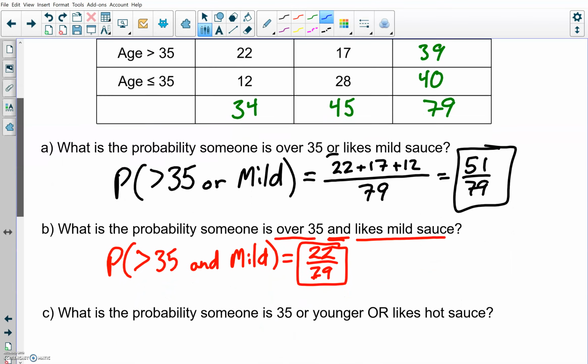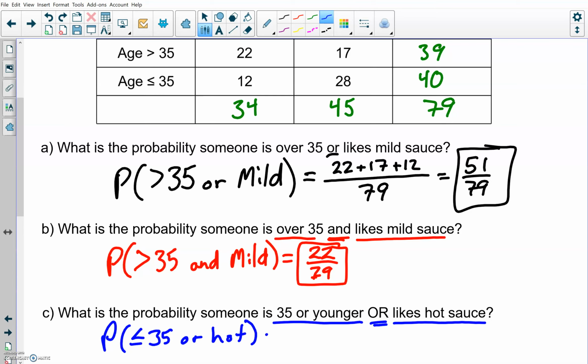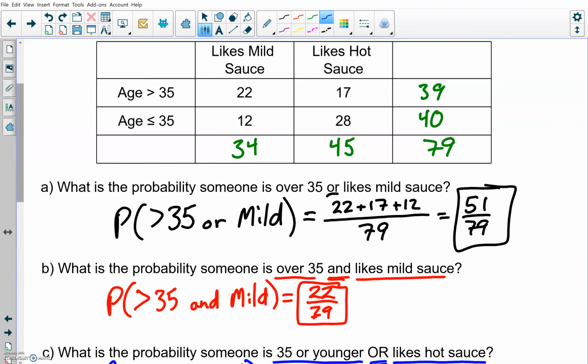Okay, so the next one then: probability someone is 35 or younger or likes hot sauce. So the probability that they're less than or equal to 35, or like hot sauce. Well, let's go up here to the table again. Less than or equal to 35 is okay, or likes hot sauce, so any of the hot sauce likers are okay.